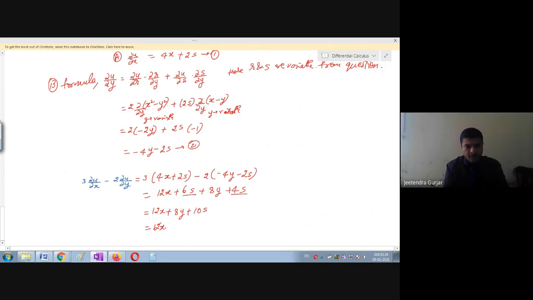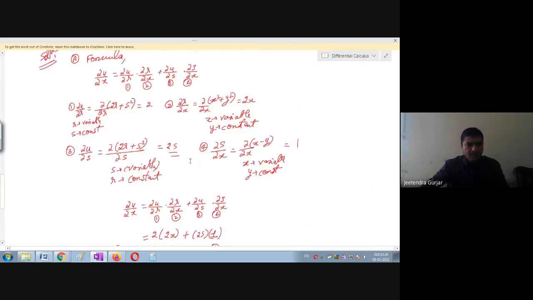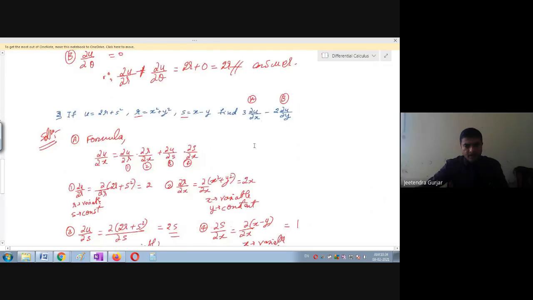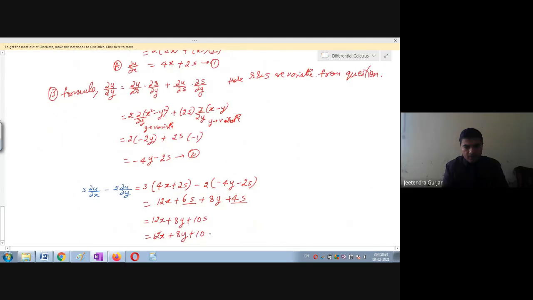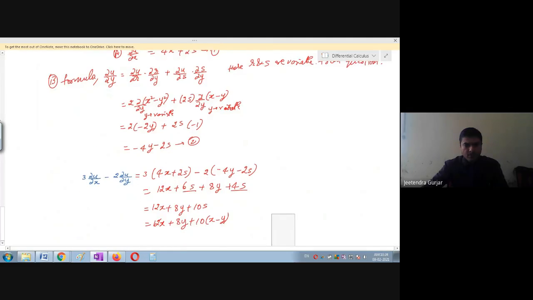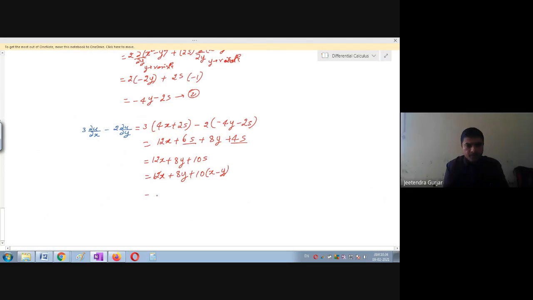It is already given, so don't worry, just substitute this value. s is x minus y. So substitute your x minus y and simplify. This is 12x plus 8y plus 10x minus 10y. Further, if you simplify, 12 plus 10 is 22x, minus 2y.